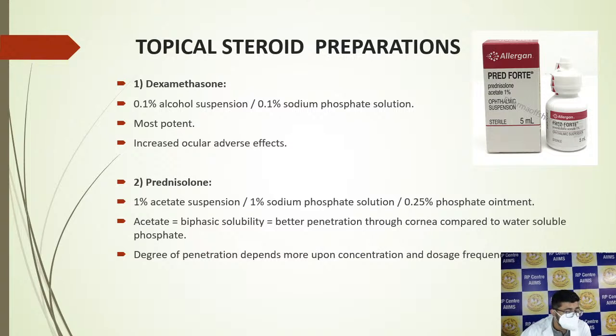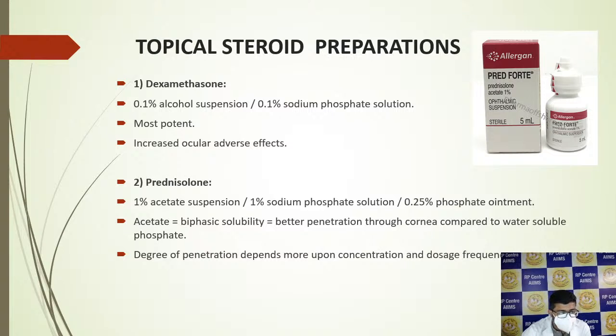It is available as acetate suspension or a phosphate solution. If you use a suspension form, you should advise the patient to shake the bottle before use so that the effective corticosteroid goes into the eye. The acetate form has a biphasic solubility, therefore it causes a better penetration through the cornea.